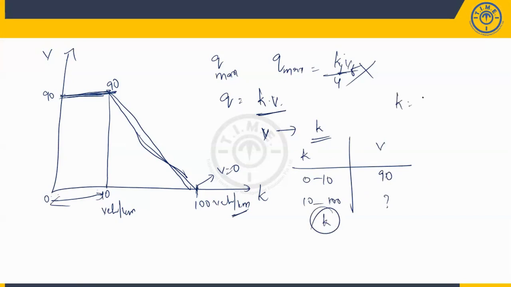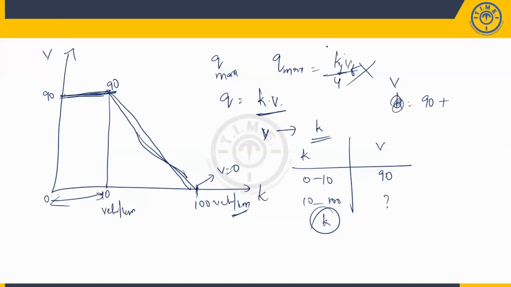Already you have speed as 90. Now as density increases beyond 10, what about speed? Increases or decreases? Tell me. Up to density of 10, speed is 90. After 10, speed increases or decreases?